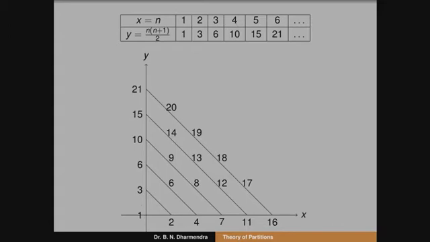Similarly, n is equal to 4 is 10, and you can observe the points doubled here. Next, n is equal to 5 is 15, where each side is the same, and n is equal to 6 is 21. That's why you can call this a triangular number.